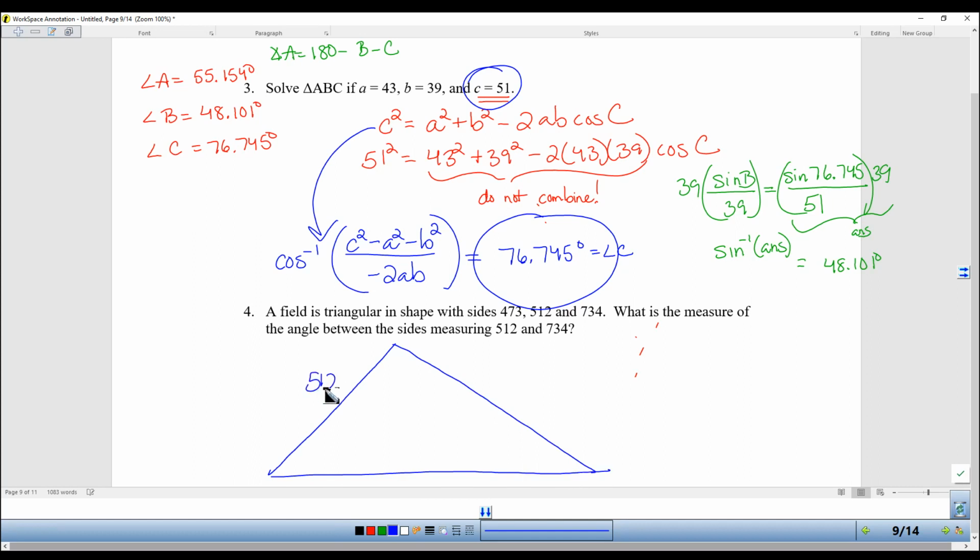So it doesn't matter which one is A or B or C. It just matters that you understand which one relates to which one. So the angle between the 512 and the 734 is this one. So let's call this A. It doesn't matter, but you got to give it something to make sure that you can use the formula correctly. That's the angle that I'm trying to get. So you could call this B, you could call this C.